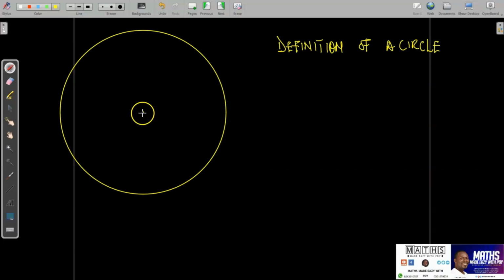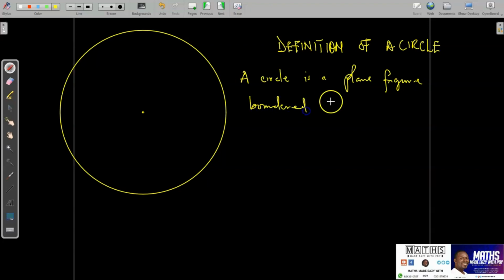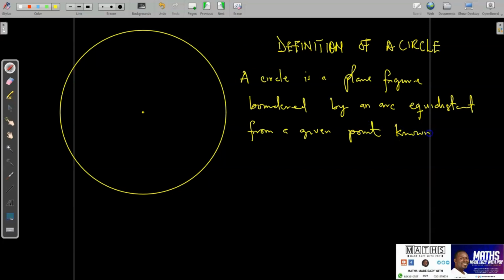So you can note it down. Kindly write it down. A circle is a plane figure bounded by an arc equidistant from a given point known as the center.